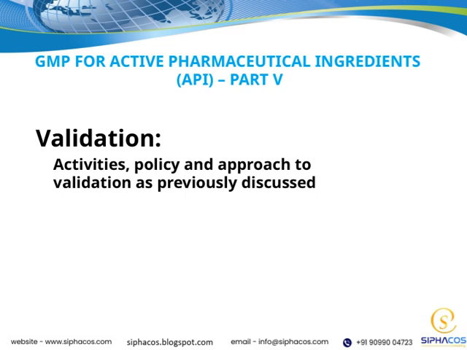Throughout this section, you'll see that validation is not just about checking boxes. It's about building a robust framework that guarantees the quality, safety, and efficacy of the APIs we produce. This aligns with our overall goal of maintaining high standards and regulatory compliance in pharmaceutical manufacturing.